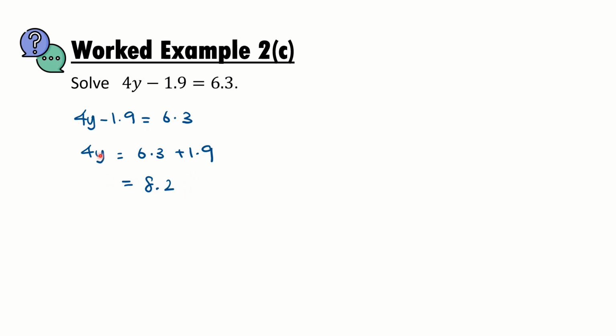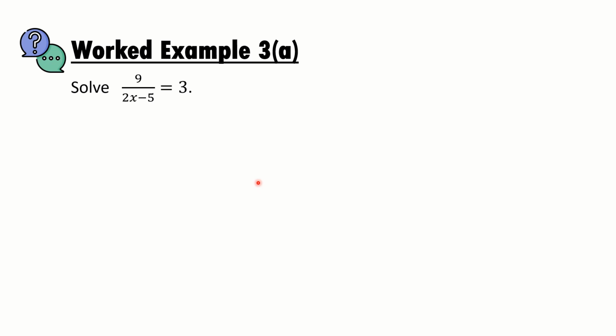This 4y over here is actually 4 times y, so to break away the 4 over to the right side, I need to divide by 4, so y would be equals to 8.2 divided by 4, and that lands us with 2.05 as our final answer after pressing into your calculator.